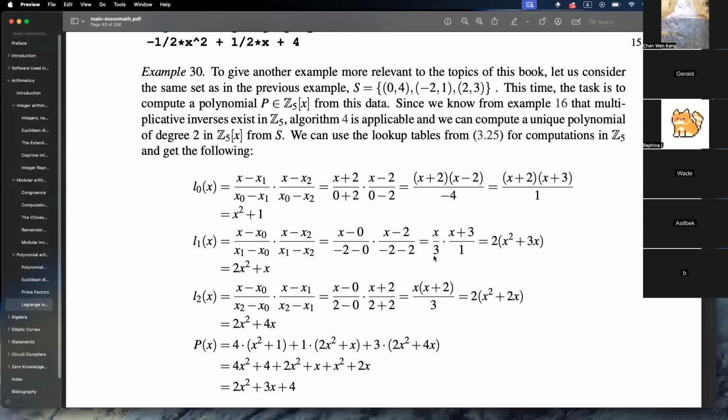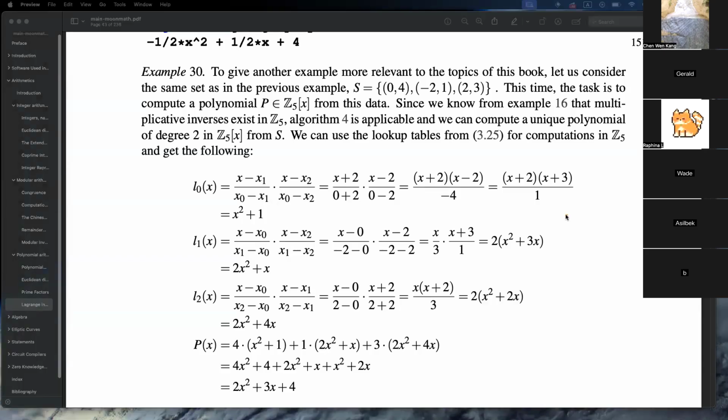Okay, so same thing goes here. I do this calculation, I get x over 3 times this, and this becomes this because 3 times 1 is 1. Let me calculate this as well.